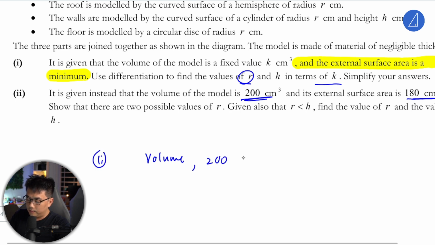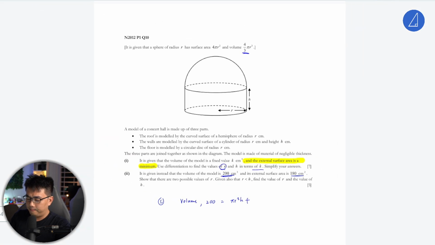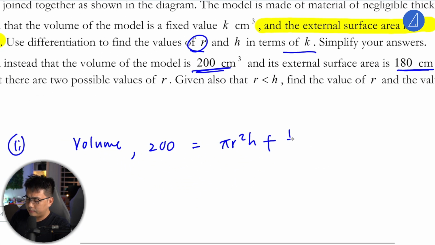is 200, which is pi R square H plus half 4/3 pi R cube.